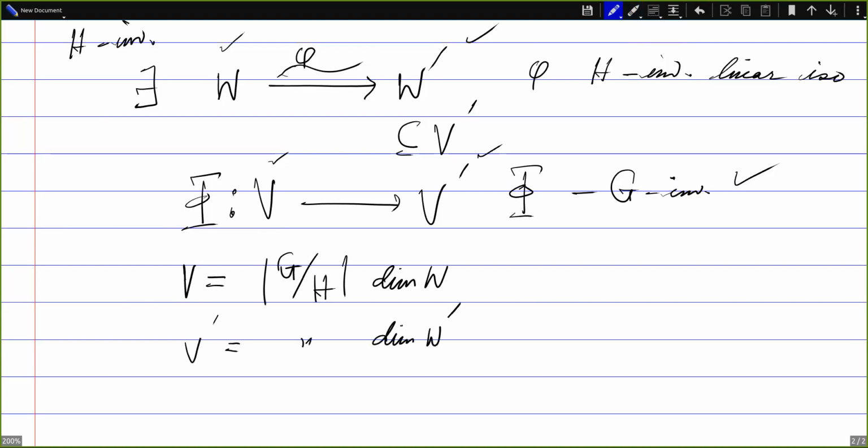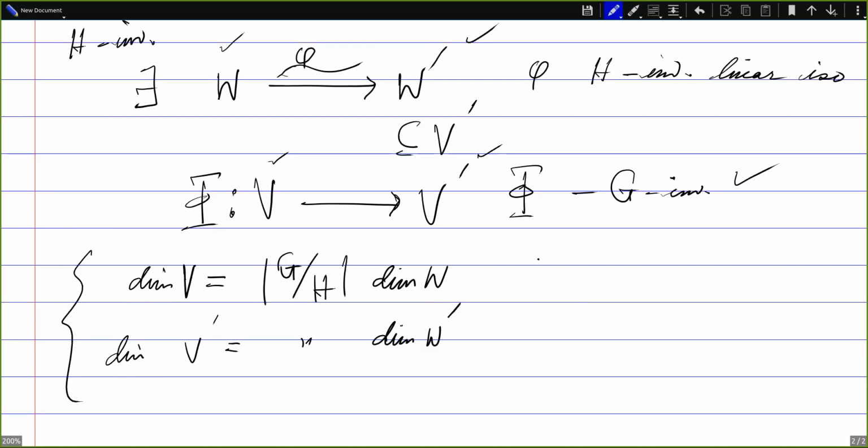But since W and W prime are isomorphic, they have the same dimension. So therefore, these two are the same, and both V and V prime have the same dimension. Now we will just show that this map is indeed surjective.